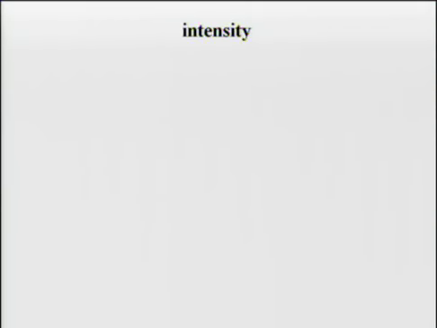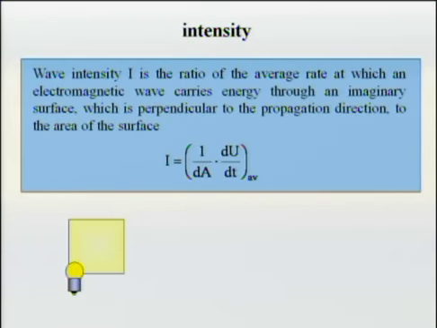All right. I will just introduce one more quantity and stop the lecture over here. Now the average value of that quantity is referred to in physics as the intensity of the radiation.